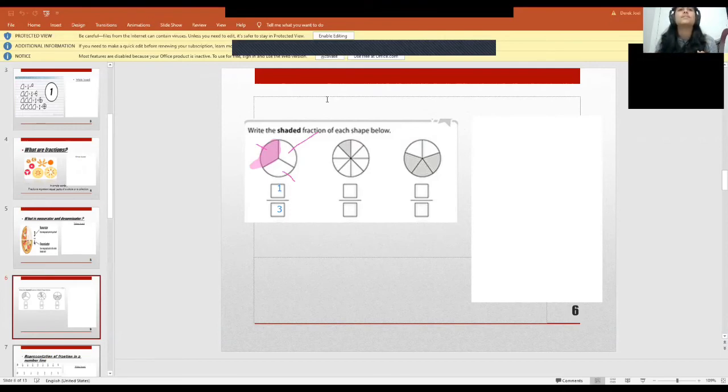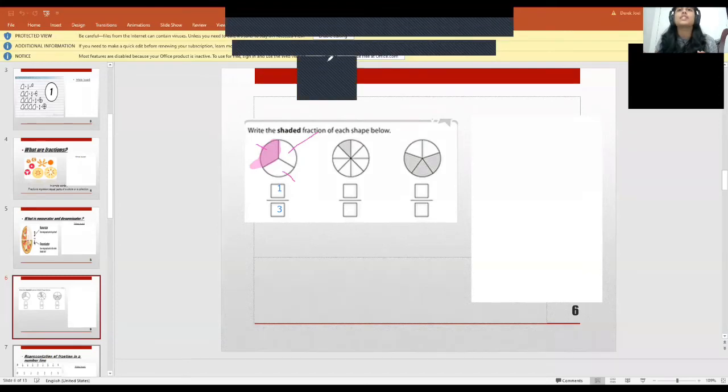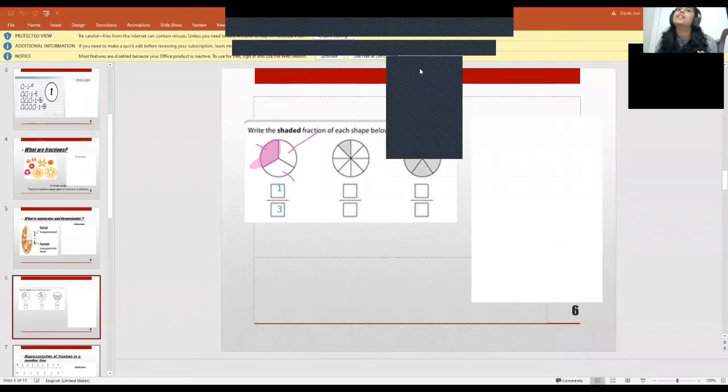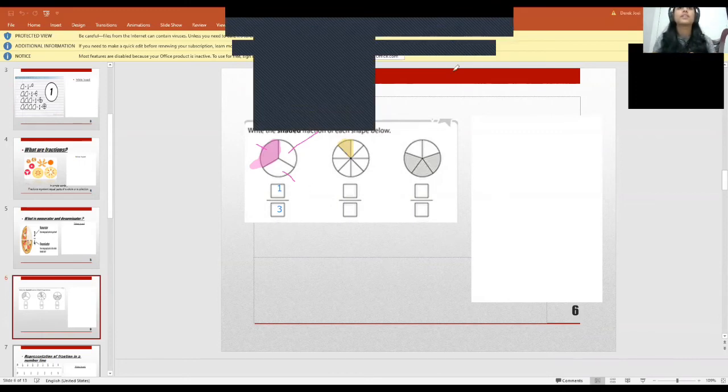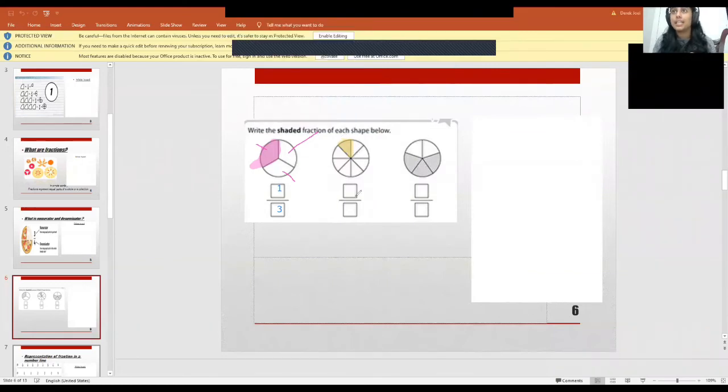Let's color now in yellow. Now you have the line already. How many pieces are there totally? Let's count.